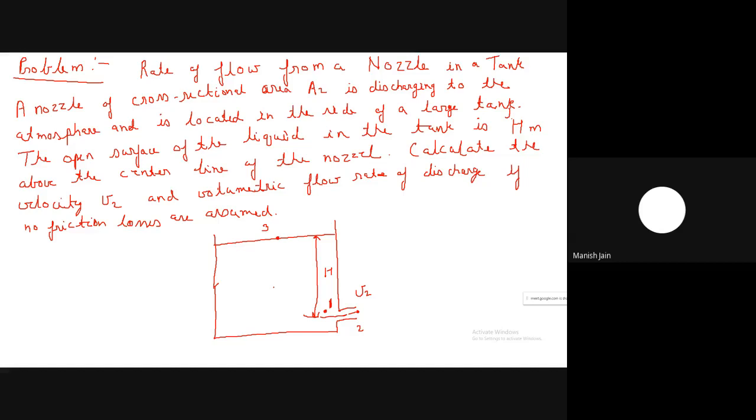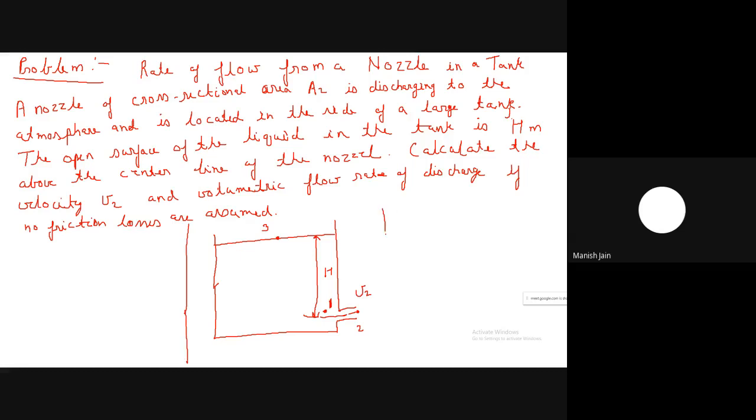Once you know the velocity, you will get the final volumetric flow rate. So you have to solve the problem first. Use the Bernoulli equation between point 1 and point 2, then solve the Bernoulli equation between point 3 and point 1. I will try to solve in this space only.